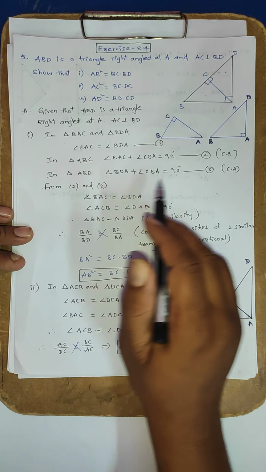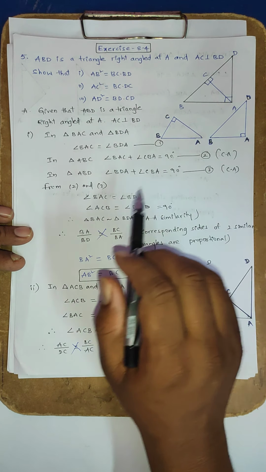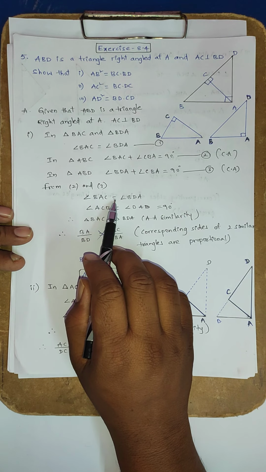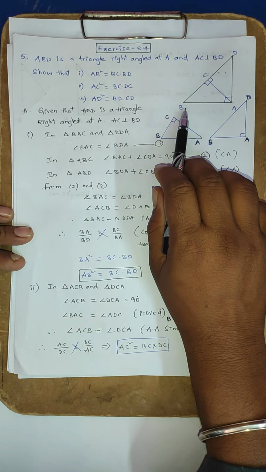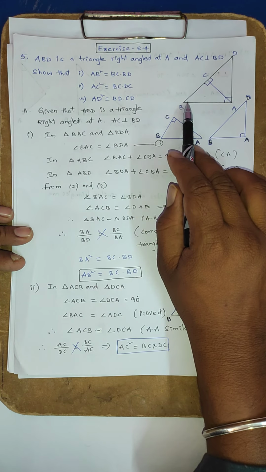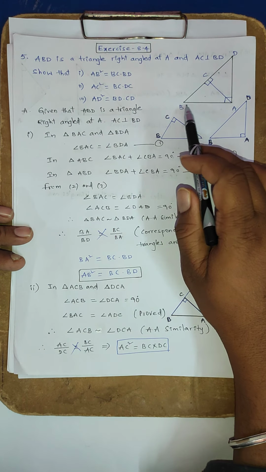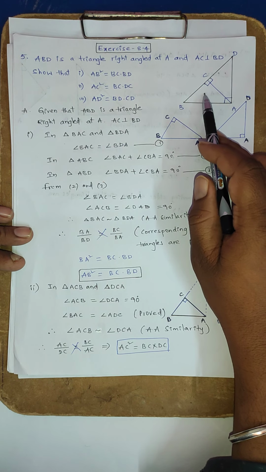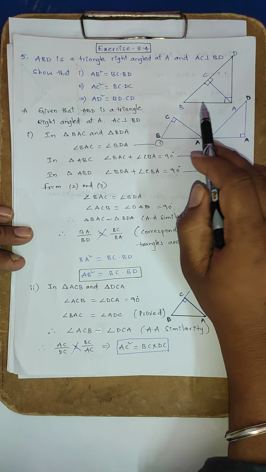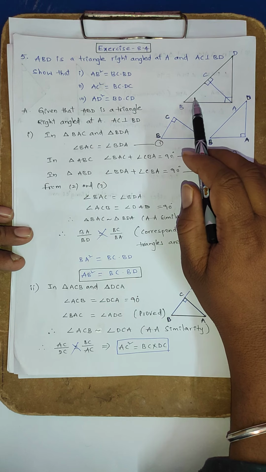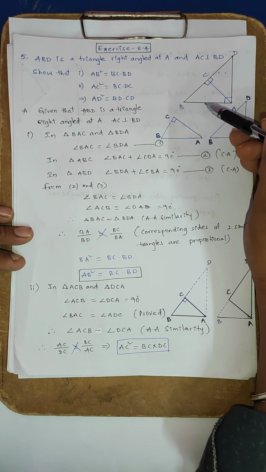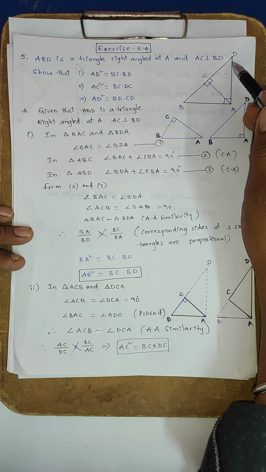From 2 and 3, angle BAC is equal to angle BDA. Both are acute angles: in the small triangle, angle BAC is acute, and in the big triangle, angle D is acute.